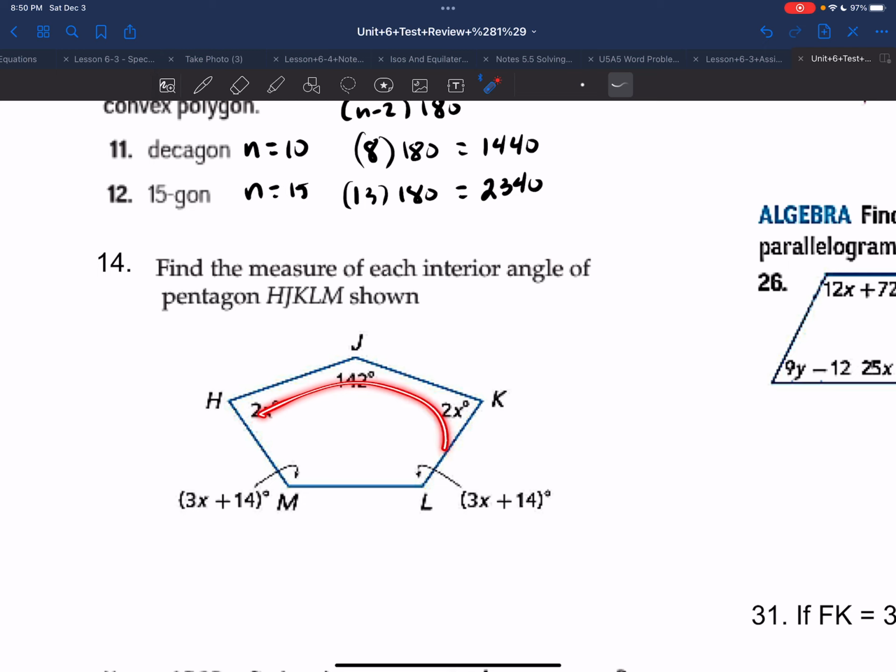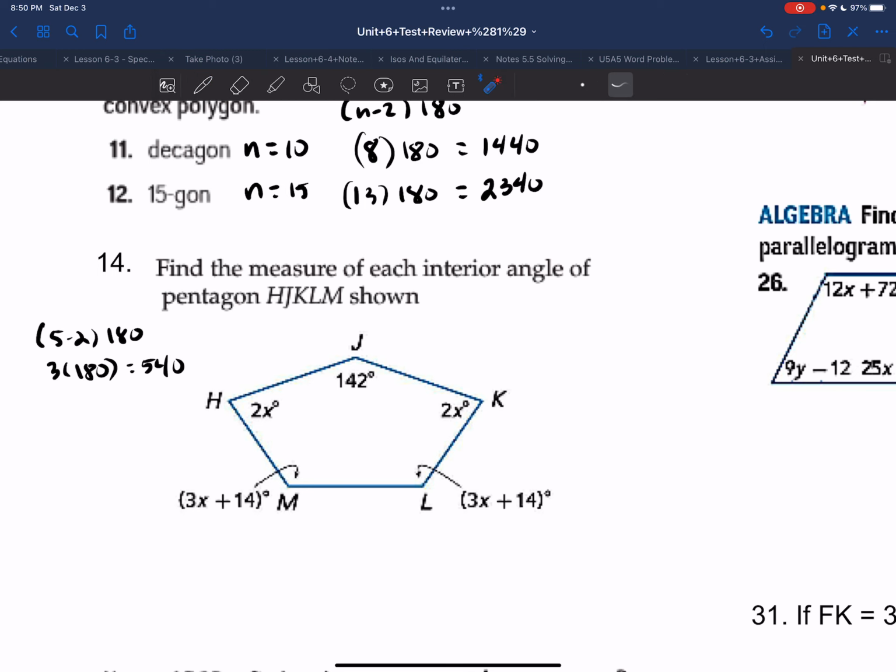Well, since these are all angles, I have to set them equal to something. I know the sum of the interior angles of a pentagon, well, a pentagon has 5 sides. So if I subtract 2, that's going to give me 3 triangles. So 5 minus 2 times 180, that's 3 times 180, which is 540.